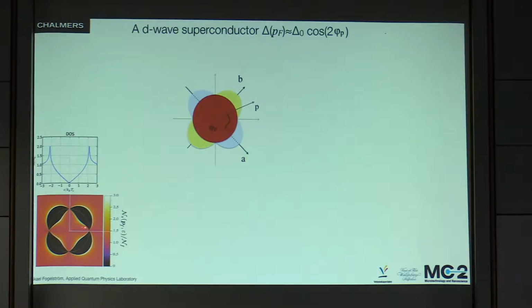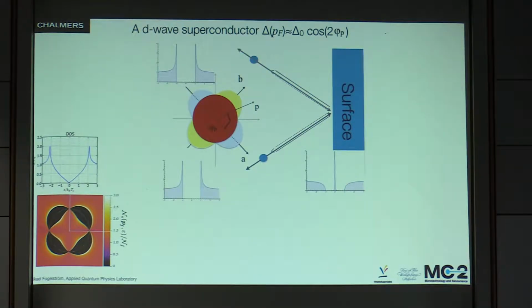And in particular, you have nodes, so it means that an electron tunneling onto a YBCO island would always scatter up and end up in one of these nodes. This picture is sort of the Fermi surface here, and then I'm just picturing the gap. And this is the generic BCS D-wave density of states.